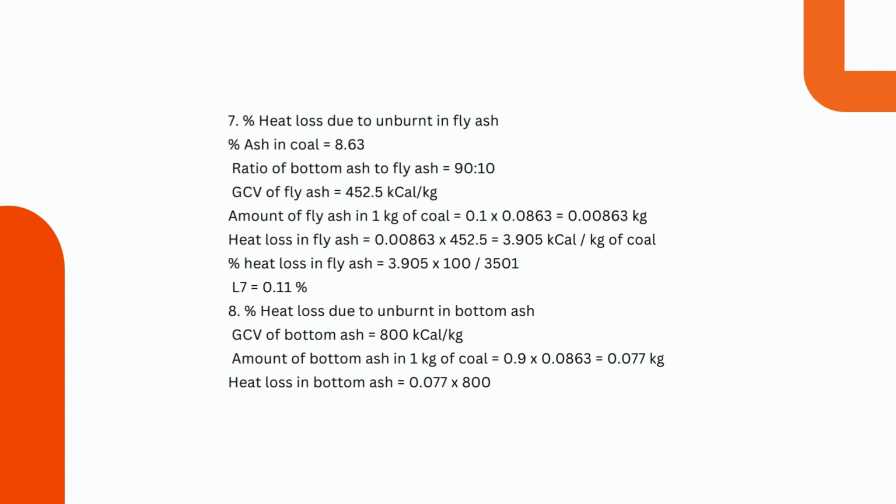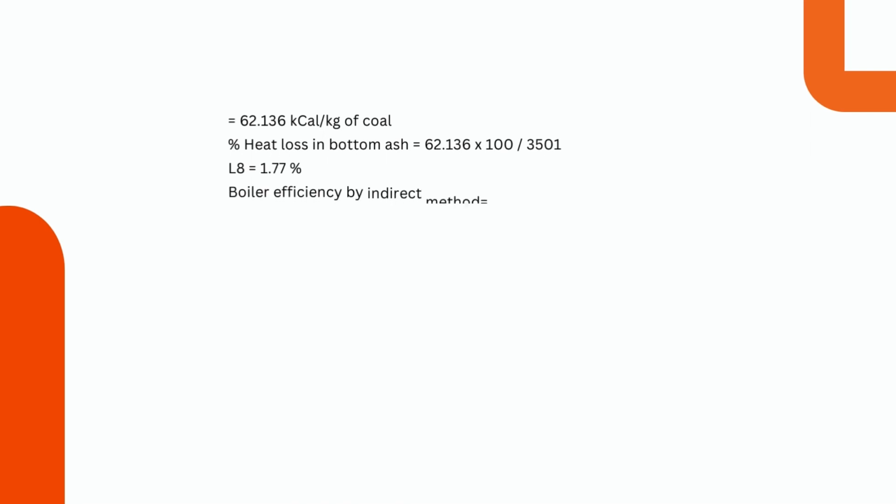Eighth, percent heat loss due to unburnt in bottom ash. GCV of bottom ash is 800 kilocalorie per kg. Amount of bottom ash in 1 kg of coal is 0.9 into 0.0863, which is 0.077 kg. Heat loss in bottom ash is 0.077 into 800, which is 62.1376 kilocalorie per kg of coal.